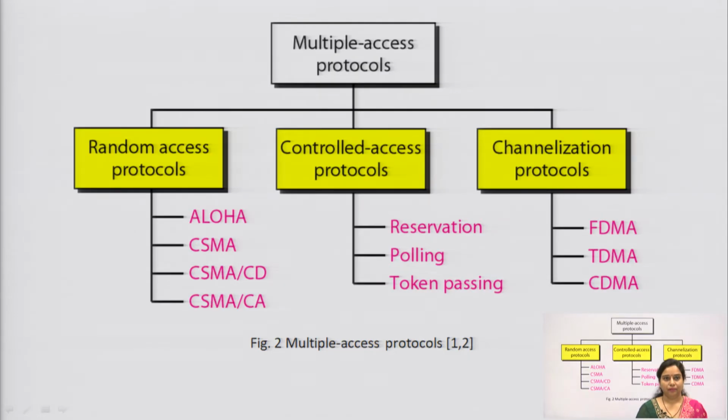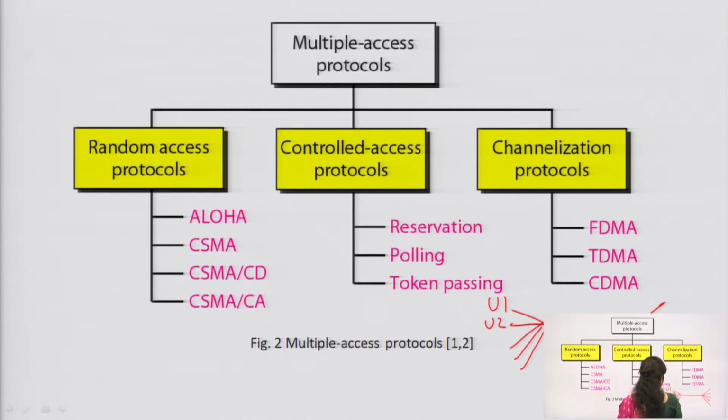This channel is responsible for accommodating all the information sent by each of the users. Let us say 5 users are there at the transmitter side and they have to access a single common channel, and there are again 5 users at the receiver side.